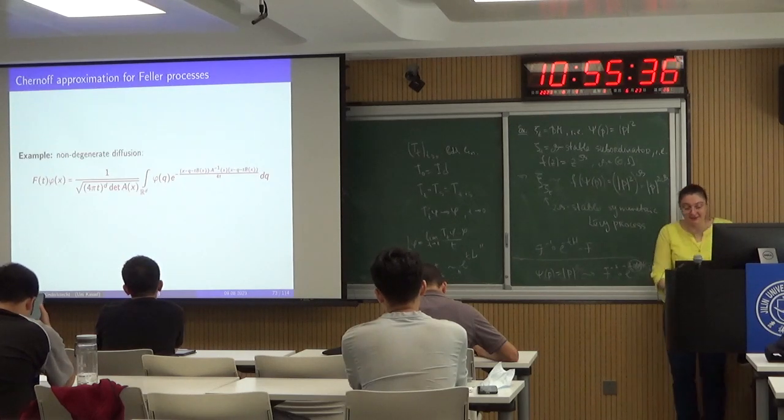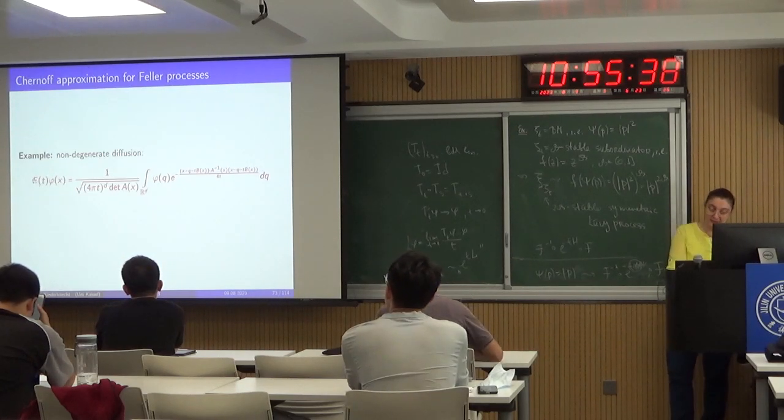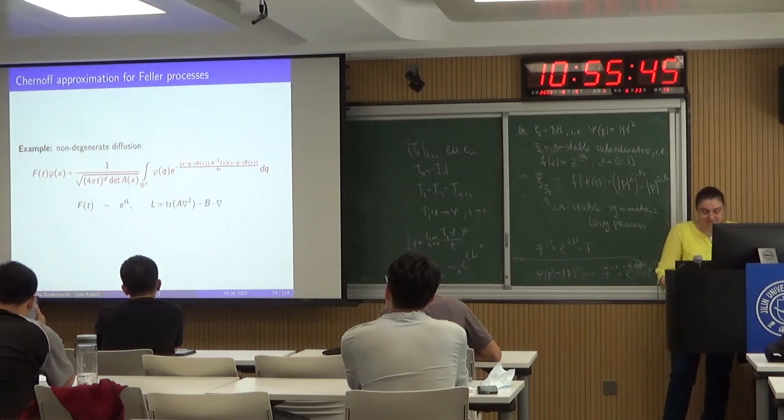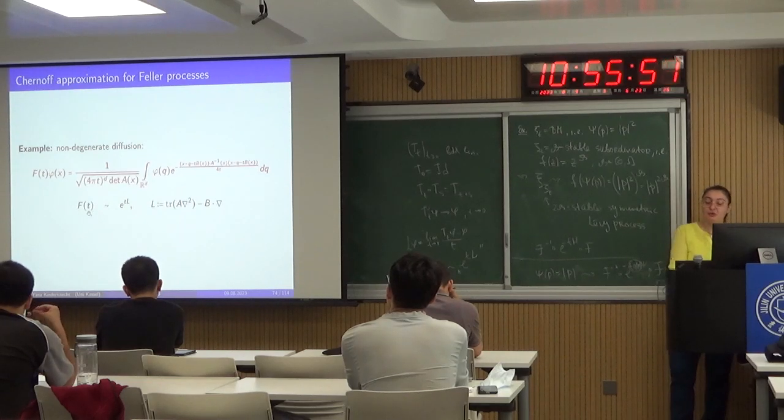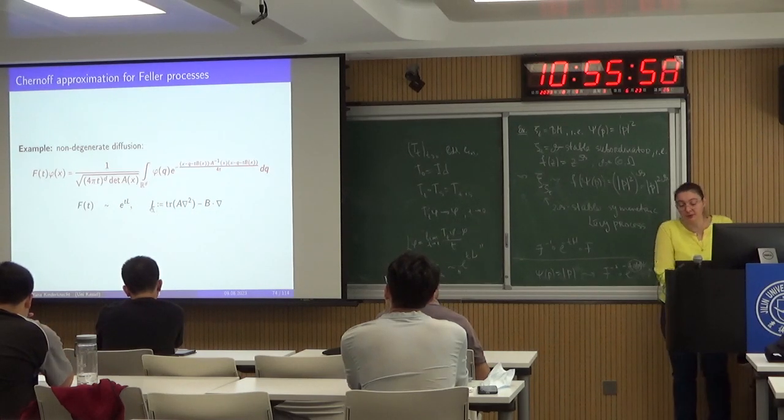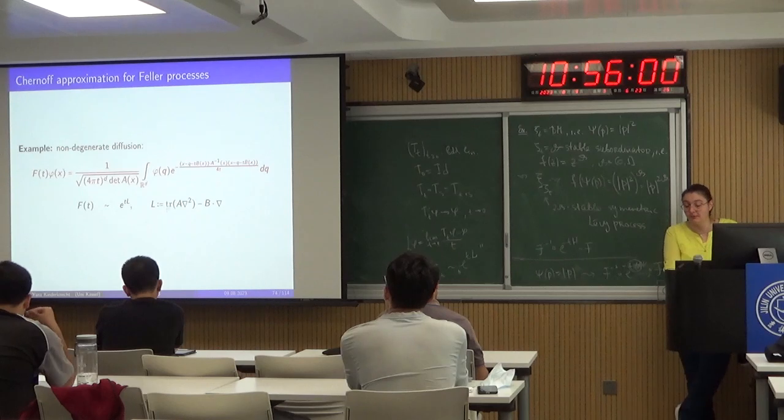Let us discuss it in more detail. So we consider this family of operators. The statement was that this family is Chernoff equivalent to the semigroup generated by the diffusion process, or corresponding to the operator which has this form.